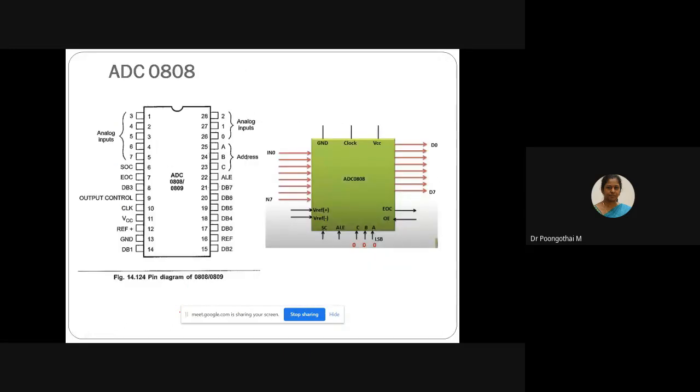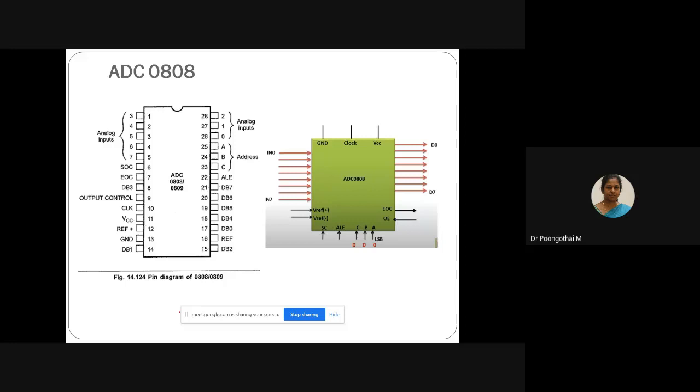Next we will move on to IC details. ADC0808 is a popular 8-bit ADC with a step size of 19.53 millivolt. The important thing is that it does not have an internal clock.